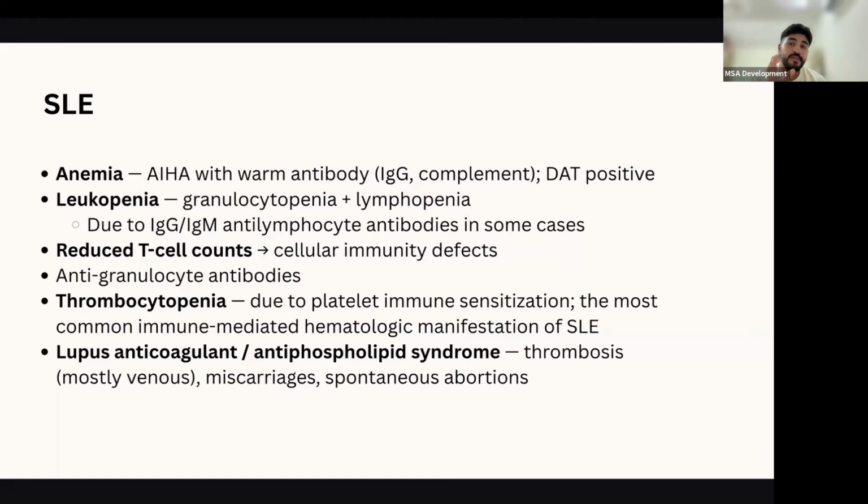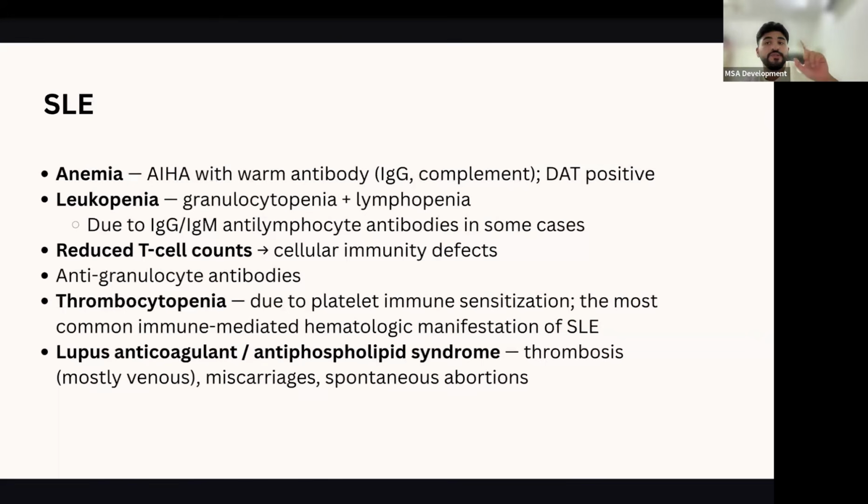And they could also sometimes have what we call lupus anticoagulant or antiphospholipid syndrome. Okay, this is basically going to precipitate thrombosis in the veins, and is also going to cause miscarriages.